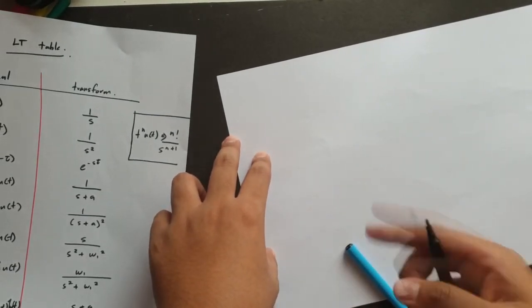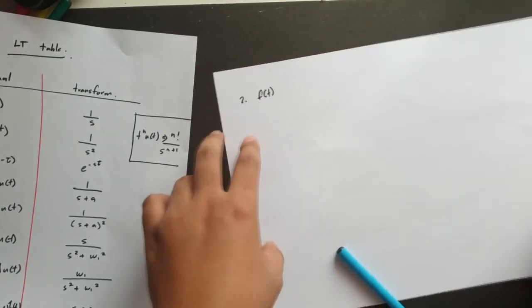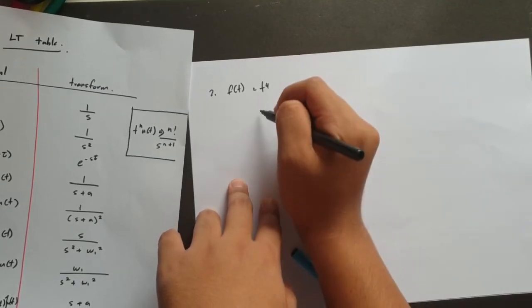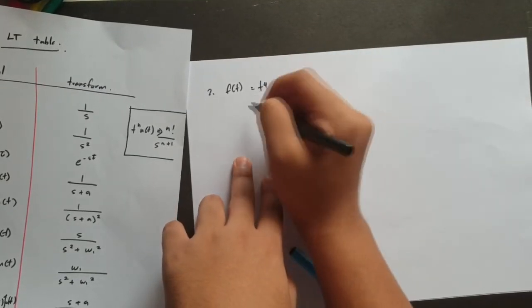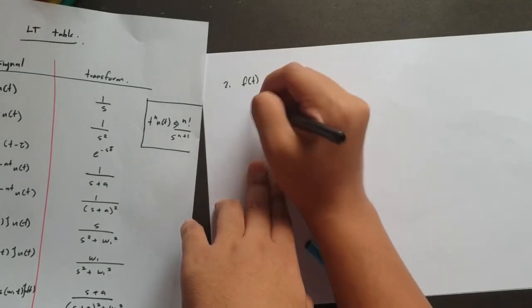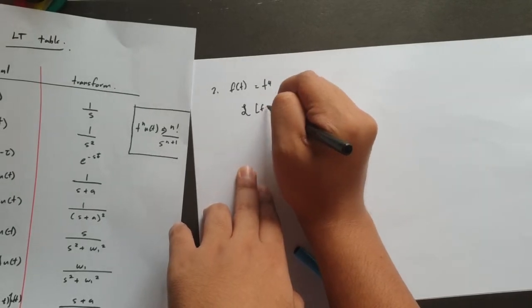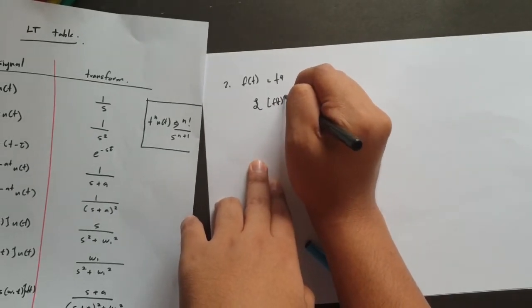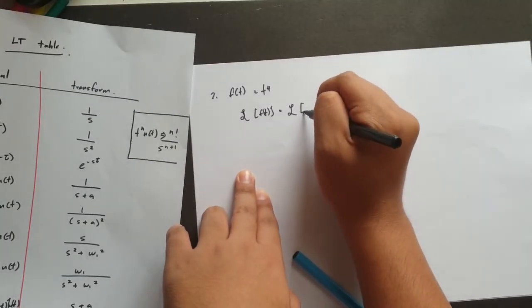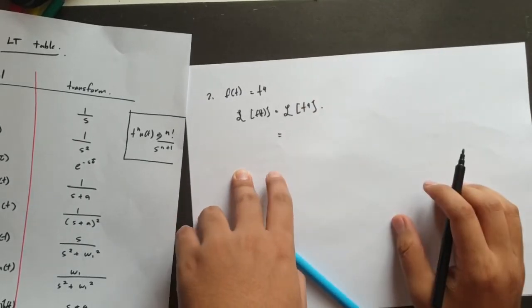Question number 2: when f(t) equals t to the power of 4. We take the Laplace transform, so the Laplace of f(t) equals the Laplace of t⁴.